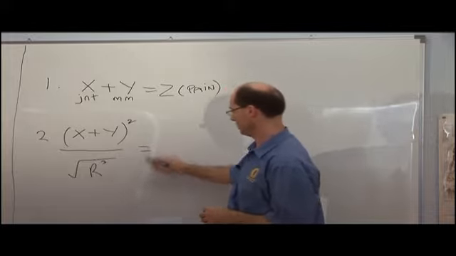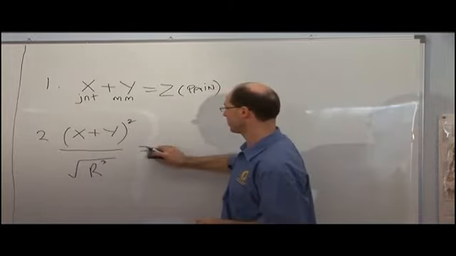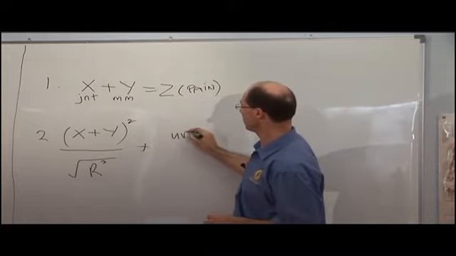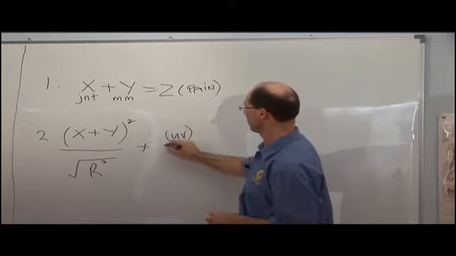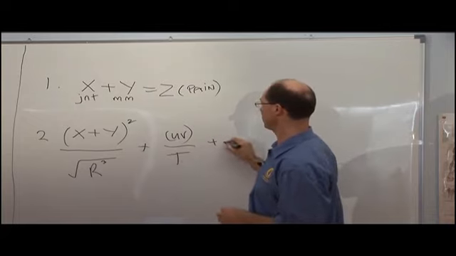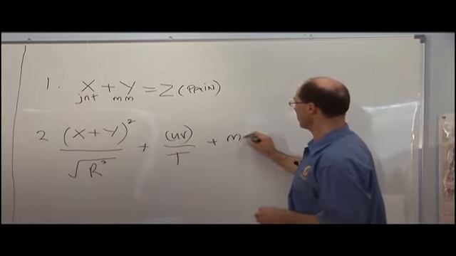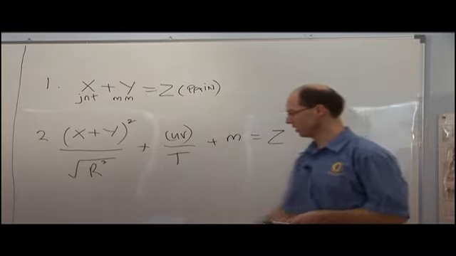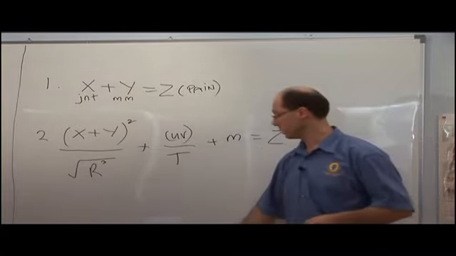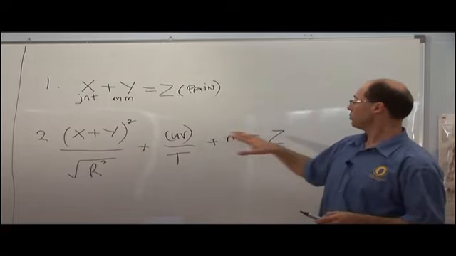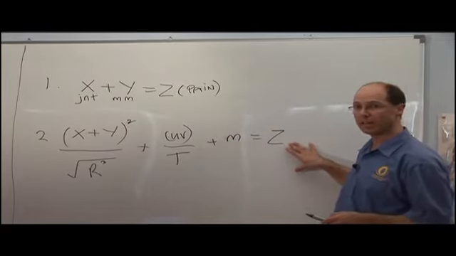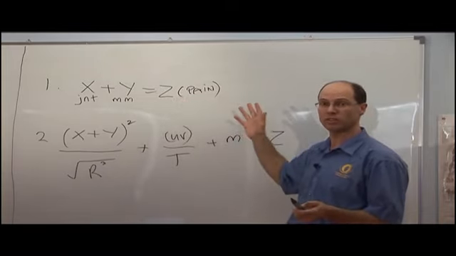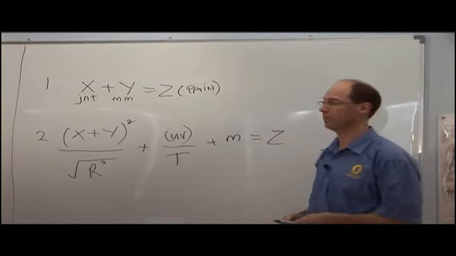Just to make it really obvious, plus uv over t plus m equals z. So this patient comes in to see us. They are presenting with exactly the same pain that patient 1 presented with. So for all intents and purposes, both of them have low back pain.